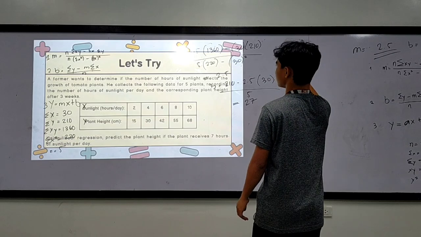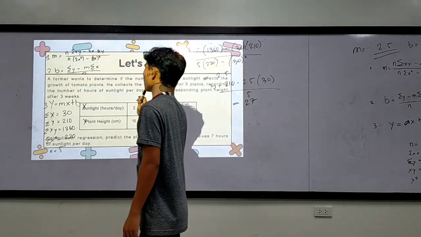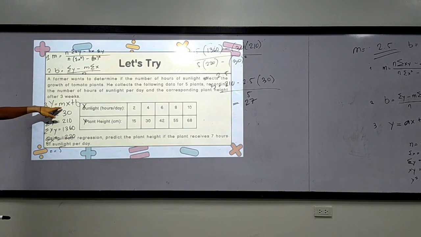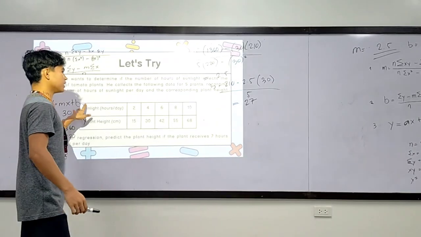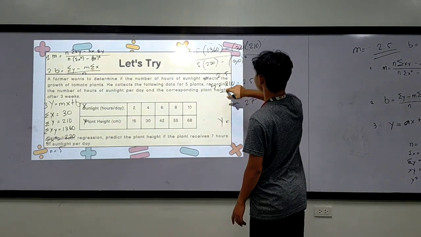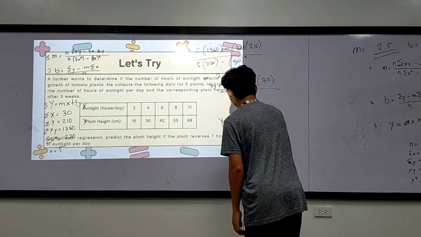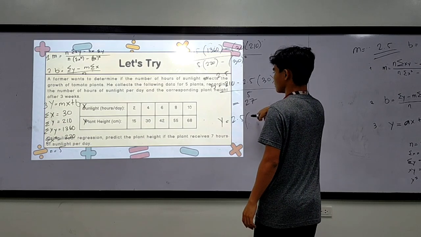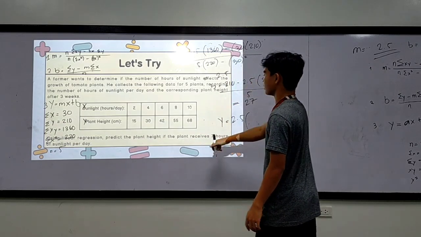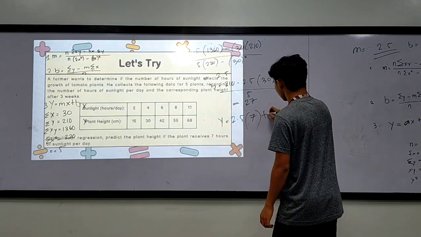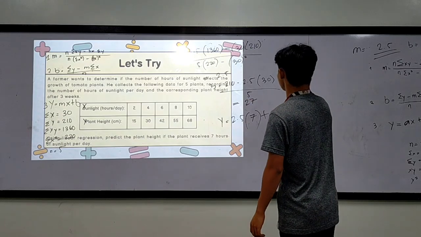We're going to use the last formula, the linear regression. y is equal to m x plus b. So y equals m, which is 2.5, multiplied by the independent variable, which is 7, plus b, which is 27.